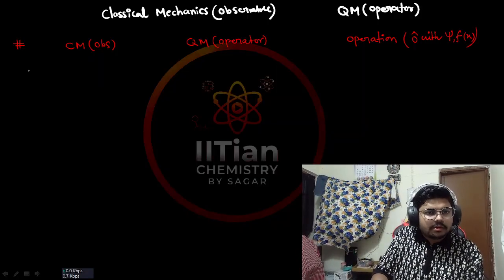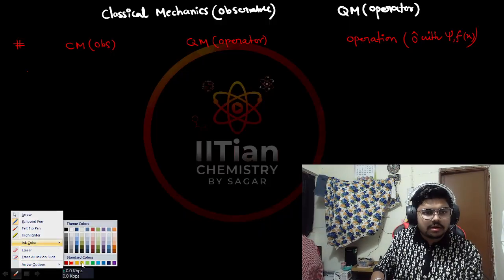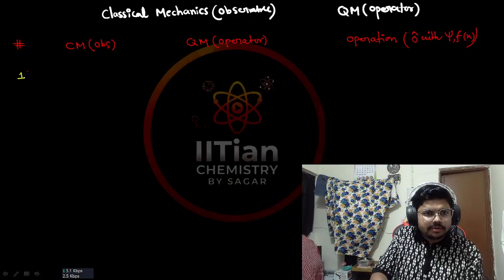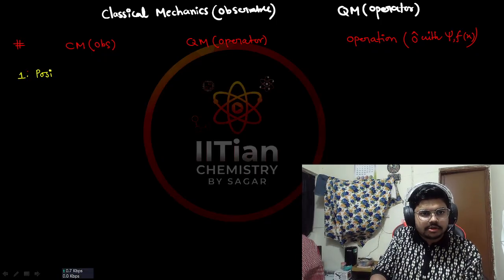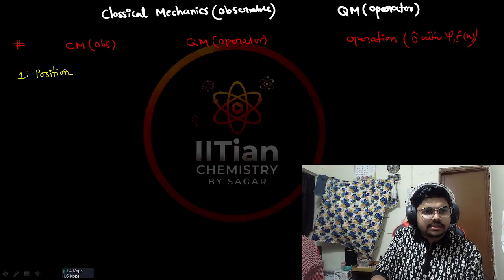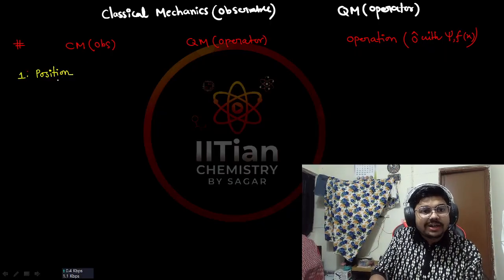Now, our first observable is position. In classical mechanics, how do we denote position?